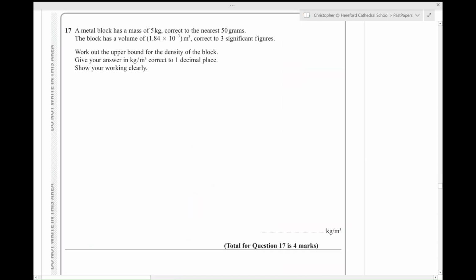Question 17. A metal block has a mass of 5 kilograms correct to the nearest 50 grams. So that means that the mass is 5,000 grams, but if that's correct to the nearest 50, then the upper bound is 5,025 and the lower bound is 4,975 grams.